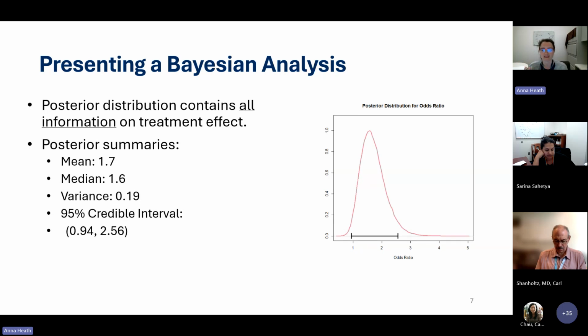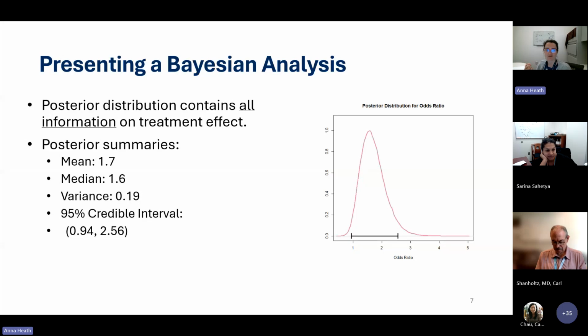That would essentially give us some idea of the variability or the uncertainty in our estimate of the odds ratio. We can also calculate what we call a credible interval, which essentially is just, rather than having a single best guess for the estimate, it gives us a 95% probability that that estimate lies between 0.94 and 2.56.